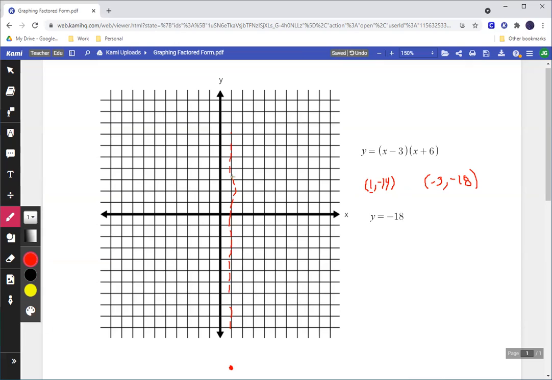Because I selected x to be 1, I know the point will be along this line. Similarly, in the second example, when I selected x to be -3, I am guaranteeing that the point will be along this line where x is -3. That's something to keep in mind for later. It's one of the things that we're going to use as we graph our equation.